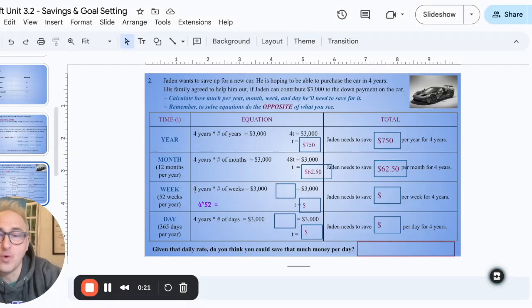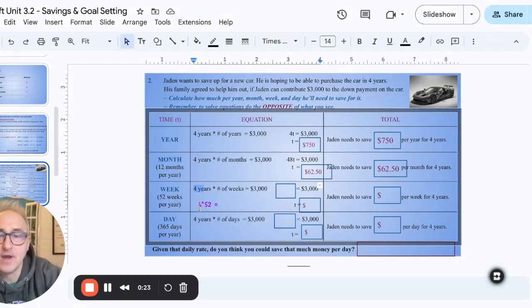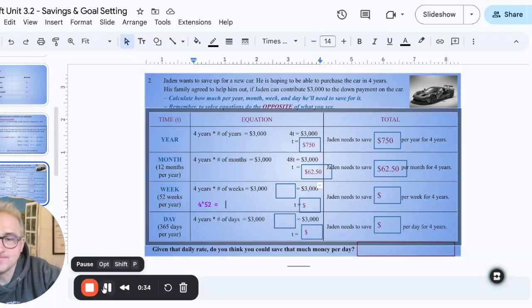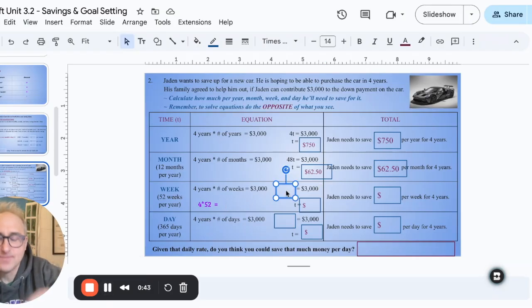So I'm going to take 4, which is up here, I put it down here, and 52, which I got from over here because there's 52 weeks in a year. I need you to put 4 times 52 in your calculator and put that answer. You can keep that answer in your head. We're going to type that answer up here. 4 times 52.